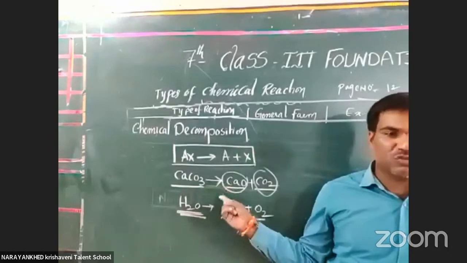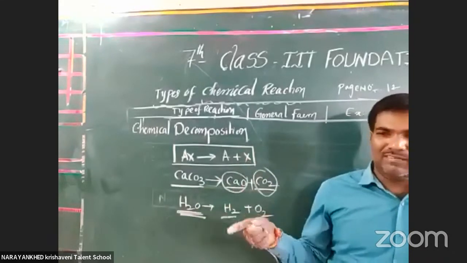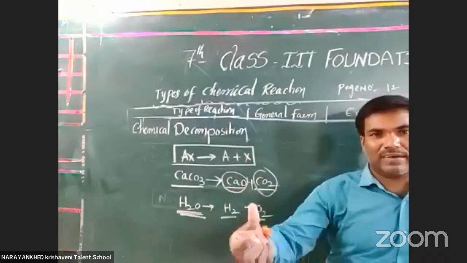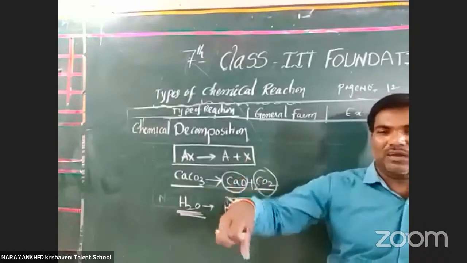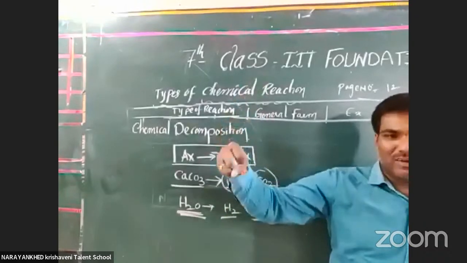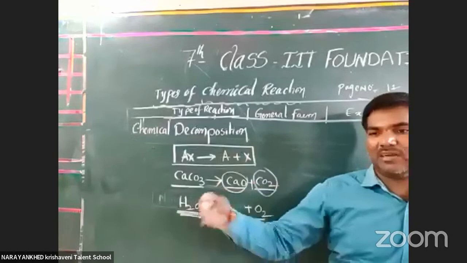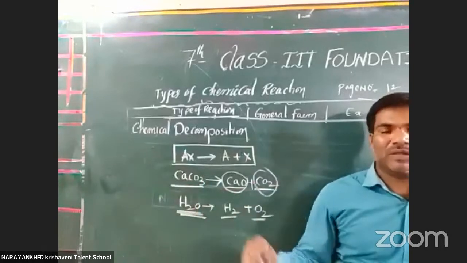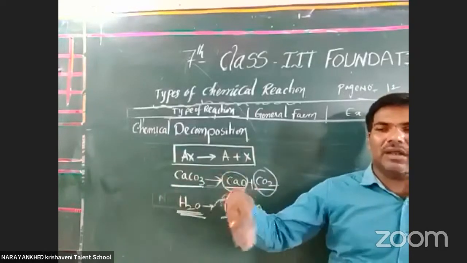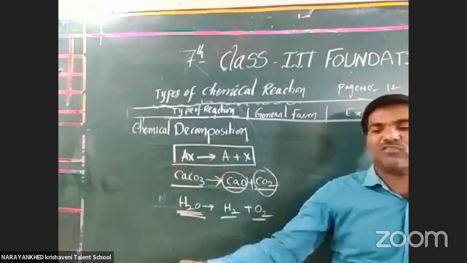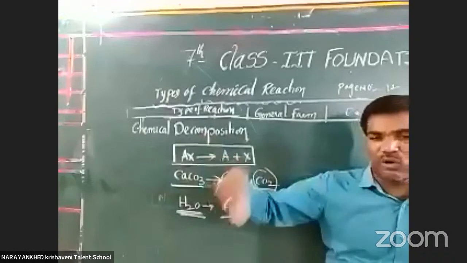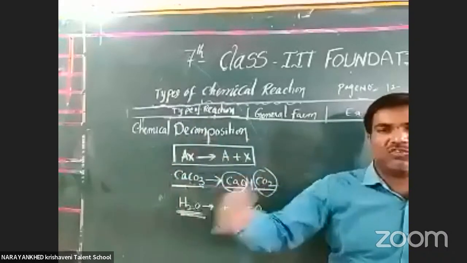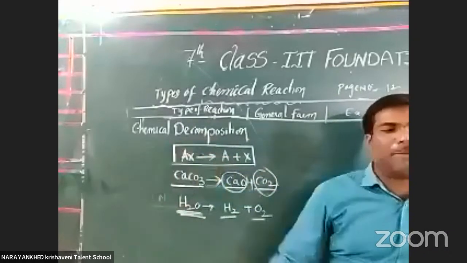When we supply some amount of energy, either we give heat or electricity, or we take some energy from it, at that time it divides into two substances. That is only called chemical decomposition. Already combined things are converted by decomposition. Decomposition is nothing but dividing into small parts.